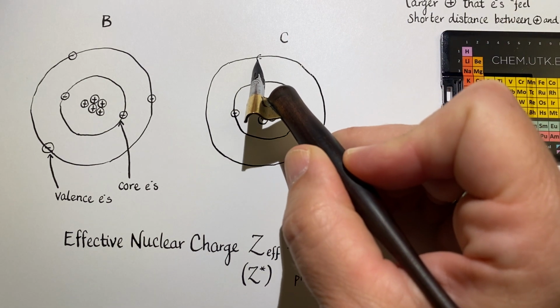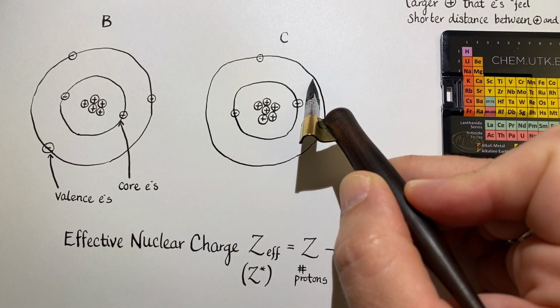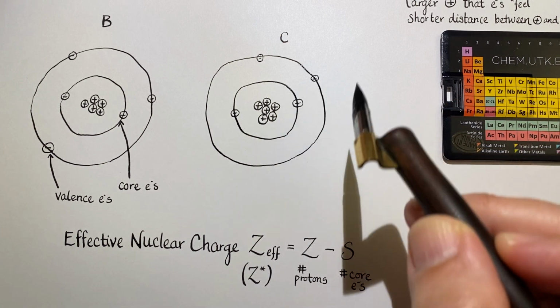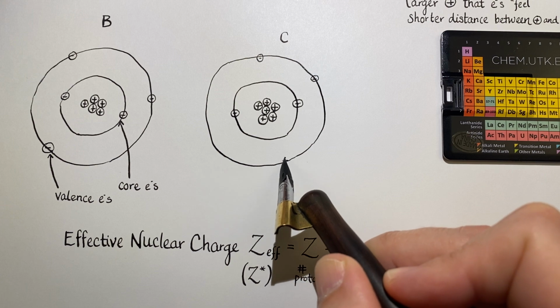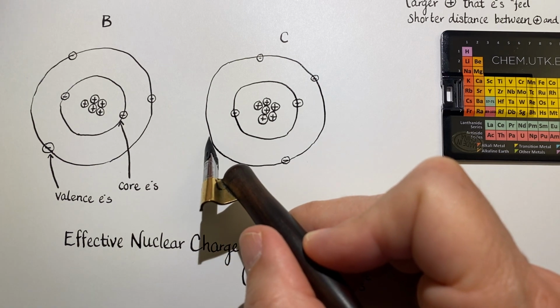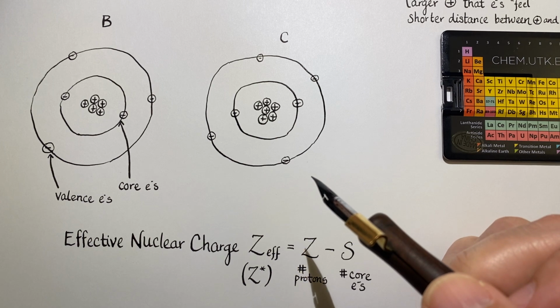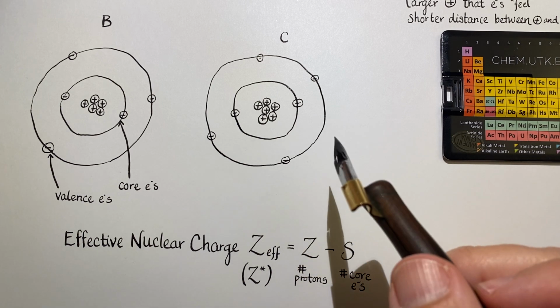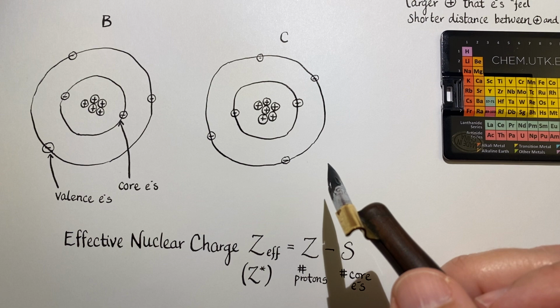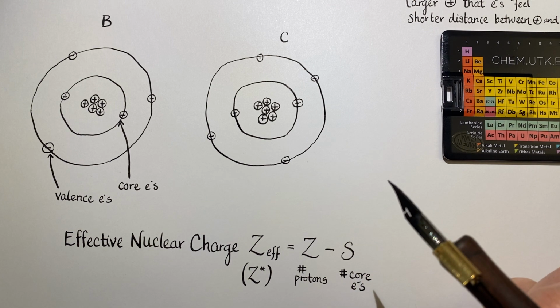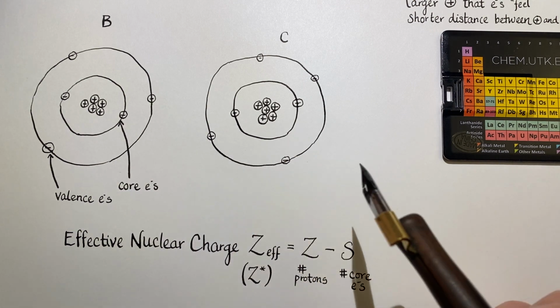We have those 4 electrons. Each group, you're adding another electron. So I'm just putting these 4 anywhere. It doesn't really matter where. Okay. So let's calculate the effective nuclear charge for each of these atoms.